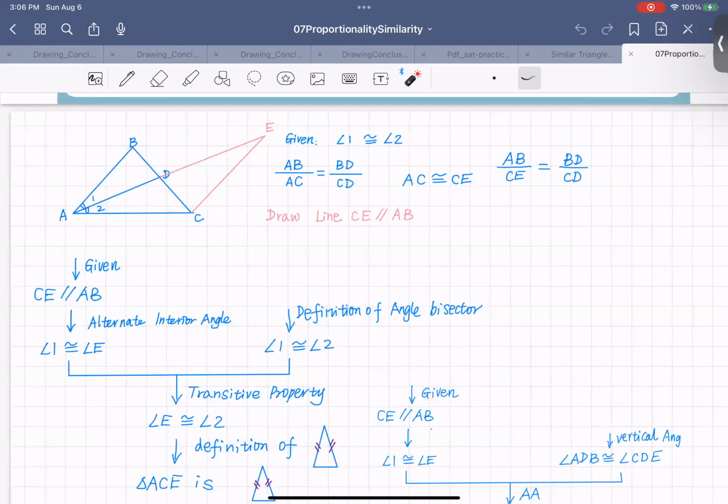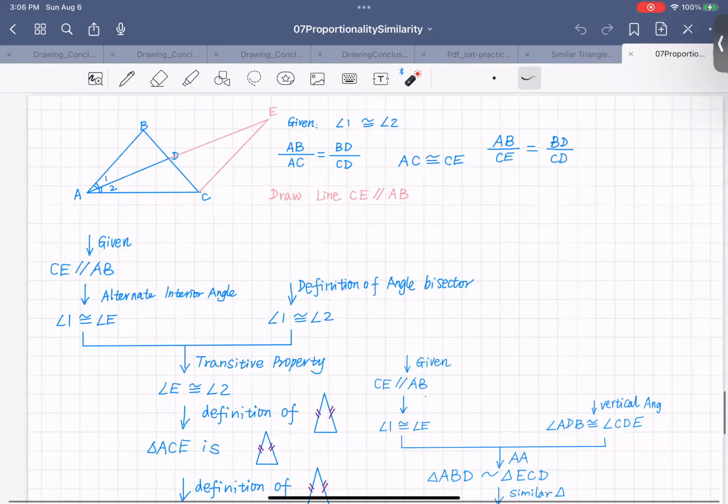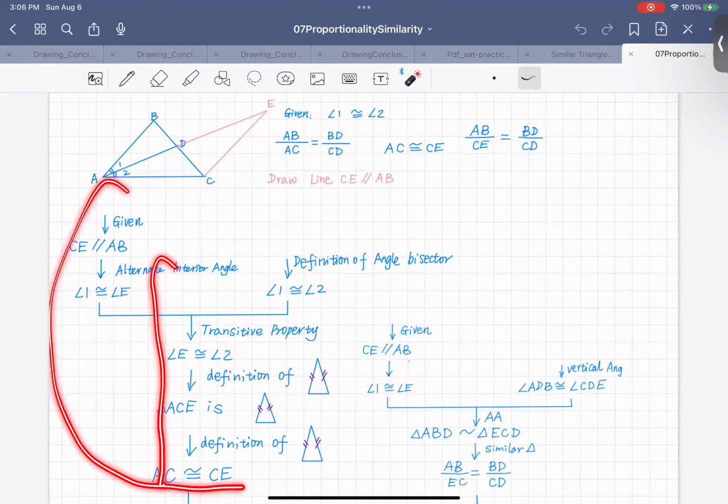And if you have an isosceles triangle, you will have these two sides also equal, right? So you have AC congruent to CE. So we prove that this part equals that part. So that one is congruent to that one. Now, we finish this left proof.